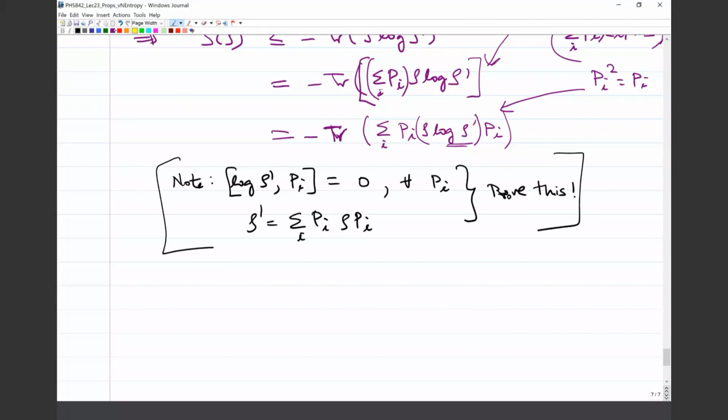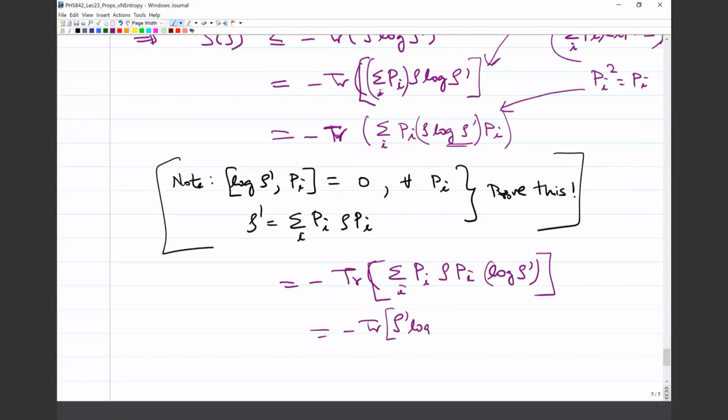I can now bring the Pi here so that I will have minus trace sum over i Pi rho Pi and then log rho prime, because log rho prime commutes with Pi. So I moved it around. And then sum over i Pi rho Pi is nothing but rho prime. So I have trace rho prime log rho prime with a negative sign. And that is nothing but S of rho prime.